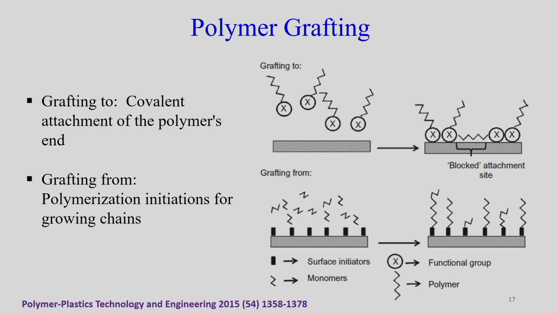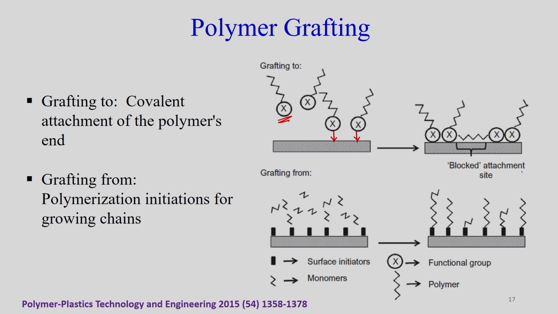Apart from that, we can also have polymer grafting, or you can say polymer coating. This is done in two ways. We have a whole polymer chain which has a reactive group, and this group is going to interact or bind on the surface.